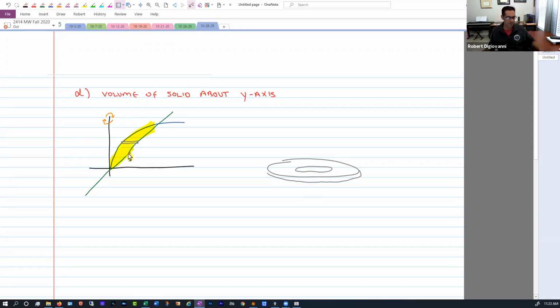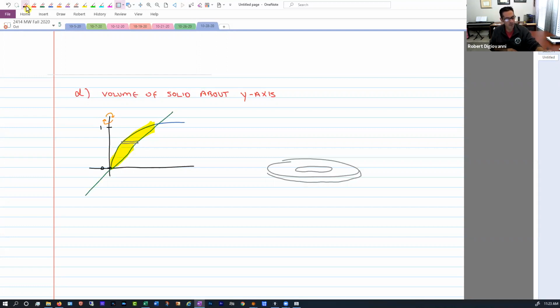That's what that thing wrapped around would be. The difference is that we're going to move our rectangle up and down, which is going to create a bunch of washers up and down. So we've got that. We also have learned from previous parts of this problem that this is 1 up here and this is 0 down here. So we know that our y is going to vary between 0 and 1.